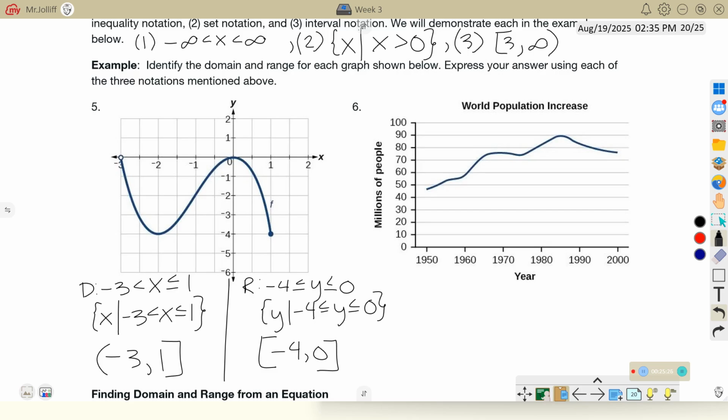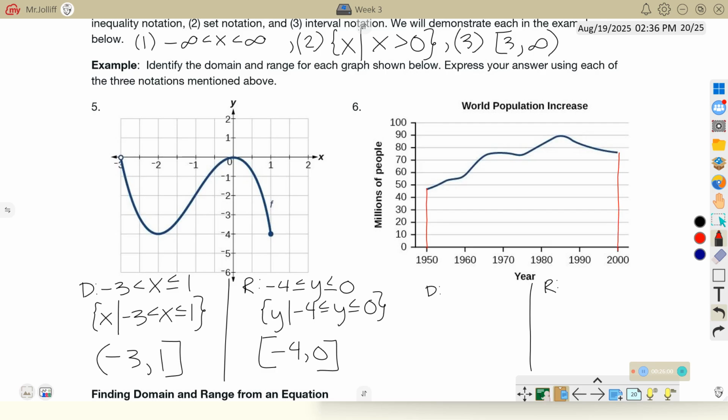All right, let's bring it back together as a class and look at our collective knowledge here. So we're going to start with the domain. For the domain, in the graph, where should I be looking? X-axis, very good. I need to track the edges of where the graph sits on the x-axis. And I saw a lot of you drawing lines, which is perfect.